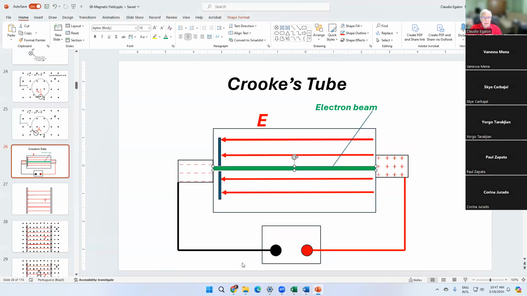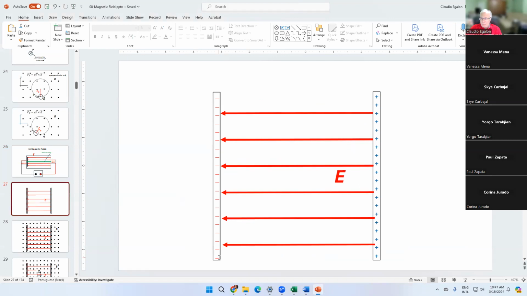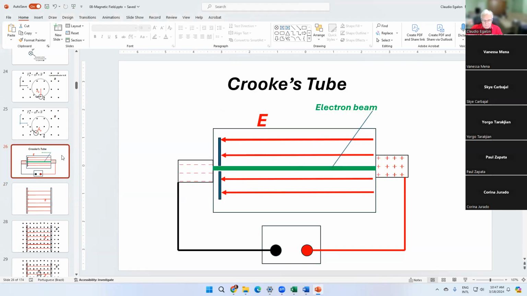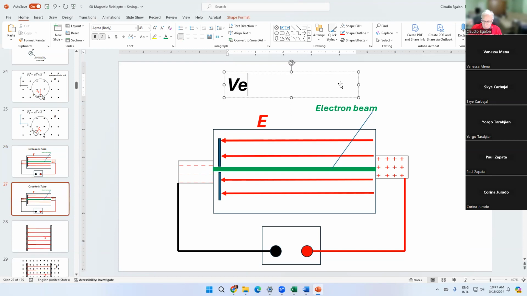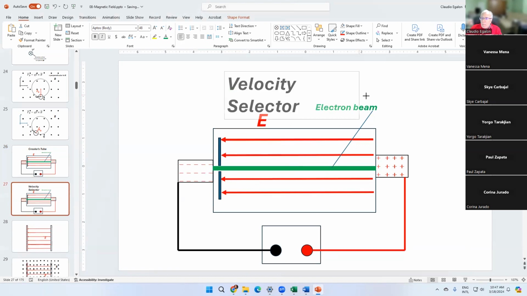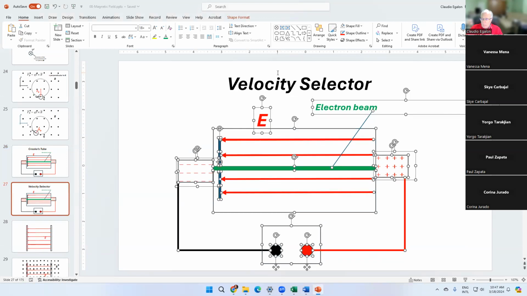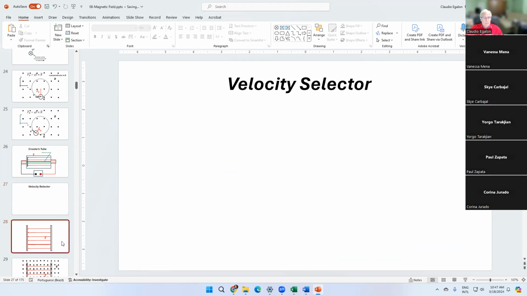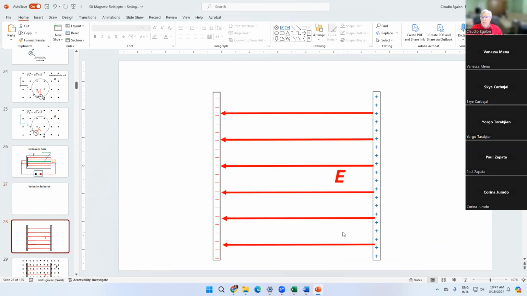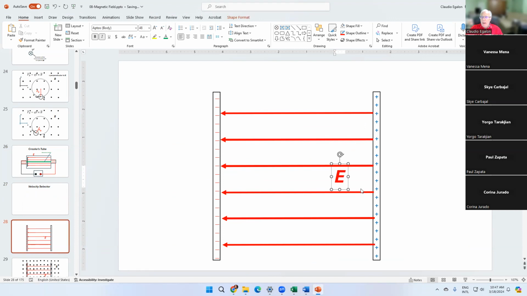It starts with two plates. Two parallel plates. And you know that there is a uniform electric field here between those two parallel plates.